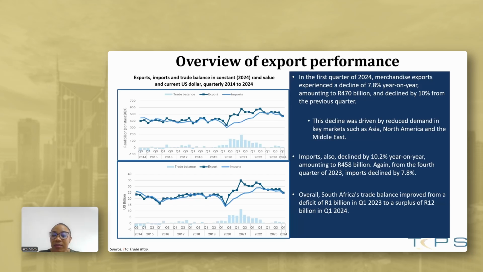Overall, South Africa's trade balance had improved in the first quarter from a deficit of 1 billion in the first quarter of 2023 to a surplus of 12 billion in the first quarter of 2024.